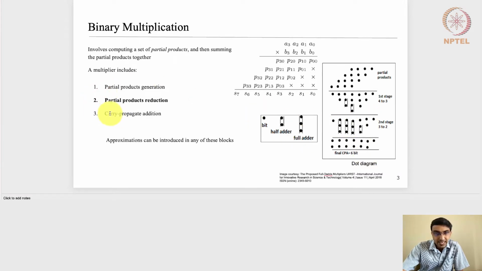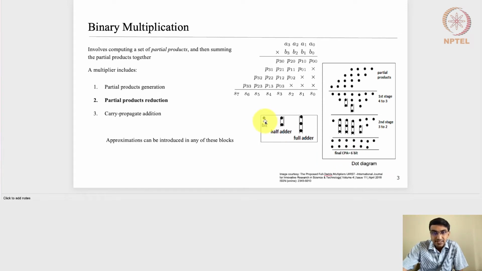And then the last one is the carry propagate addition, which we do in the last stage. Once we get the length equal to 2, then we apply the carry propagate addition. We can apply a carry skip adder, a carry select adder, or an increment adder, or whatever we want, to finally get the product bits.